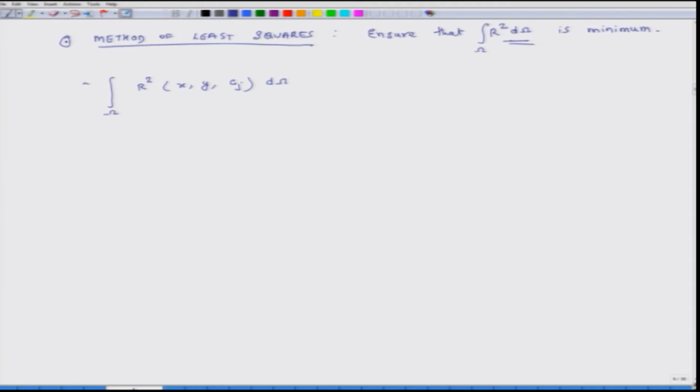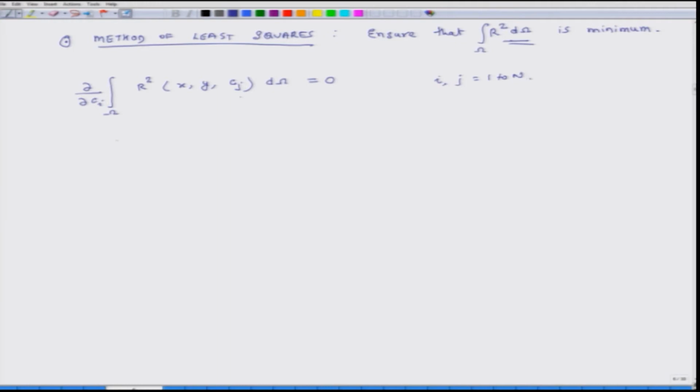Its differentials with respect to the unknown Cj should be 0. Actually, I will write Ci here, because if there are n unknown values of Cj, I will differentiate with every single Ci, with i equal to 1 to n.